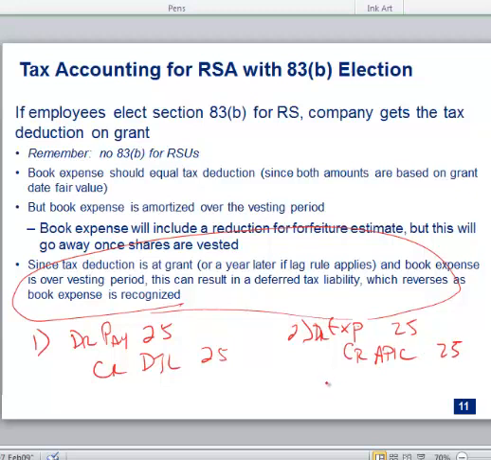And then the tax expense, again, just assume 100% tax rate, is going to be debit DTL, credit provision. Okay? And now the provision benefit you book for this expense will be recognized in the same period. They'll be matching. Okay?